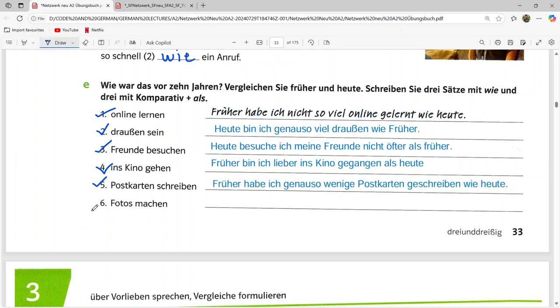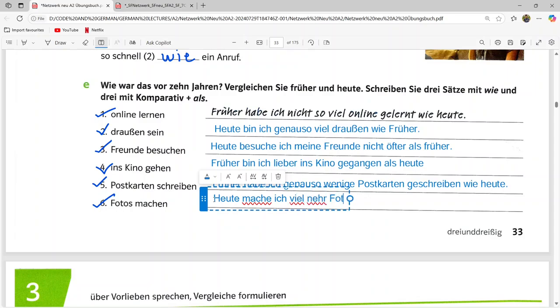And the last one, Fotos machen. So now I make more photos than before. So heute mache ich viel mehr Fotos als früher.